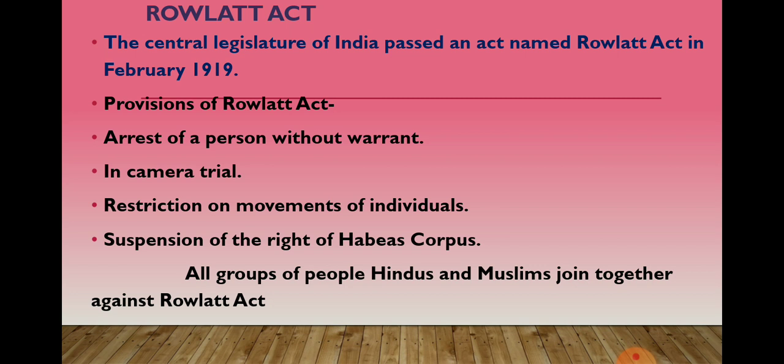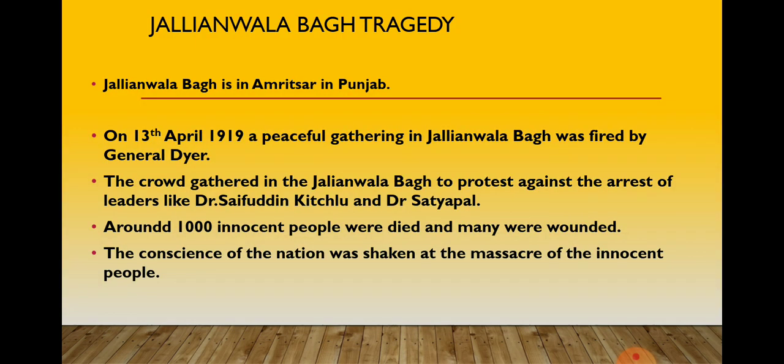The second reason, the second factor for launching the non-cooperation movement was Jallianwala Bagh tragedy. An incident that happened in Jallianwala Bagh in Amritsar in Punjab forced Mahatma Gandhi to launch the non-cooperation movement. On 13th April 1919, a peaceful gathering in Jallianwala Bagh was fired upon by General Dyer.